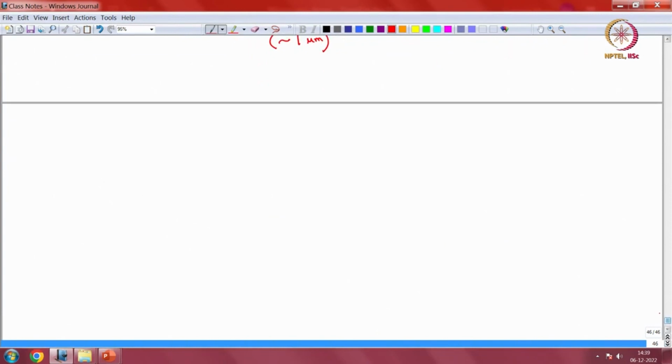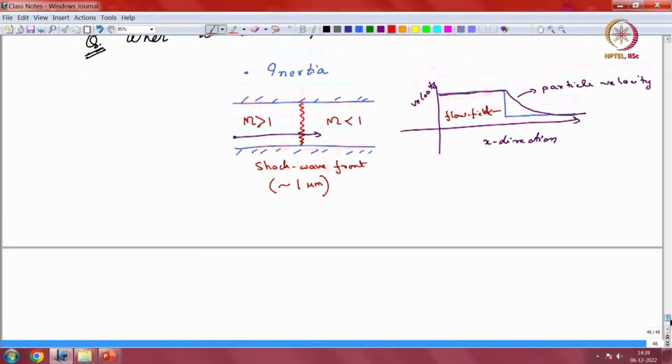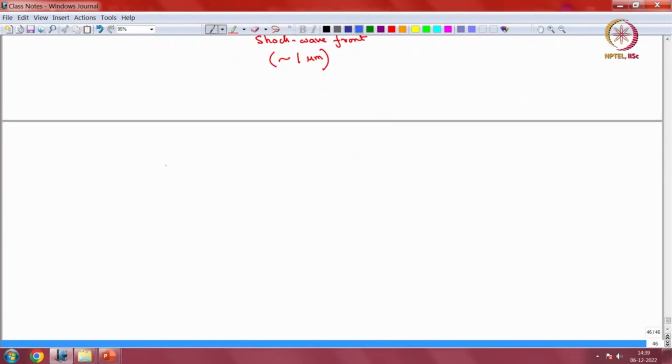Another problem that surfaces quite often is the problem of sedimentation. Again, I will take a particle in a channel.